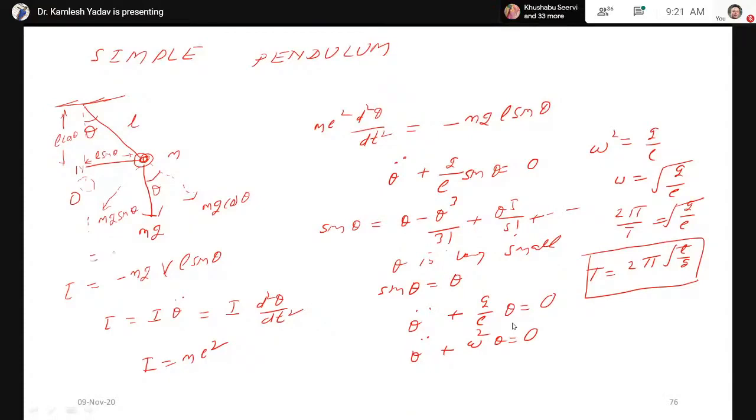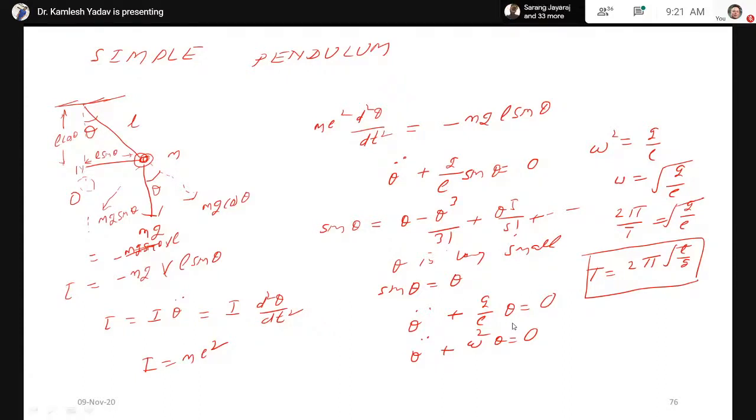We can write like this: mg sine theta multiplied by L with a negative sign. As mg is acting downward, from the point of action, where it is connected above, its perpendicular distance is L sin theta. Okay, you can check, there is no issue in this.